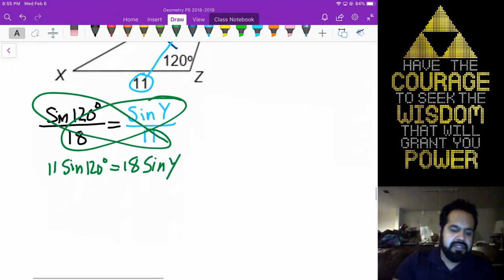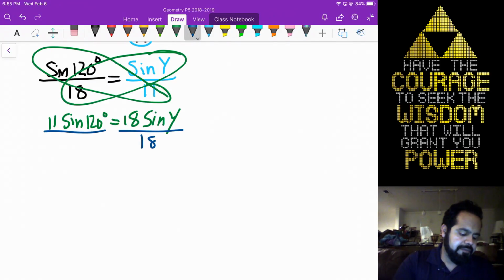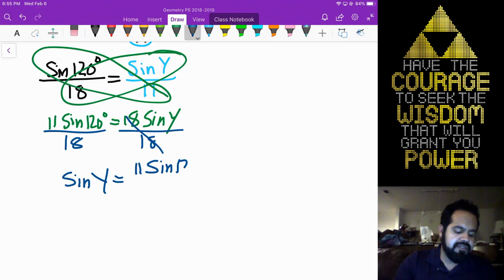All right. Now I'm going to divide out the 18 to get the sine of y by itself. So then I have sine of y equals 11 sine of 120 all over 18.